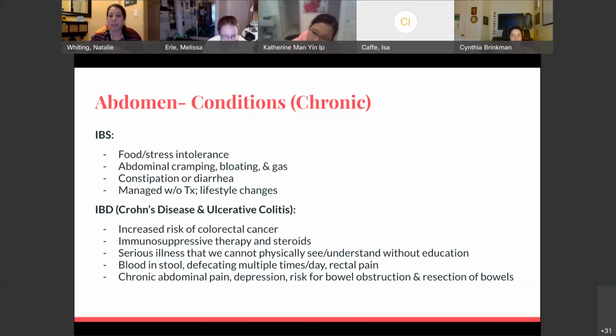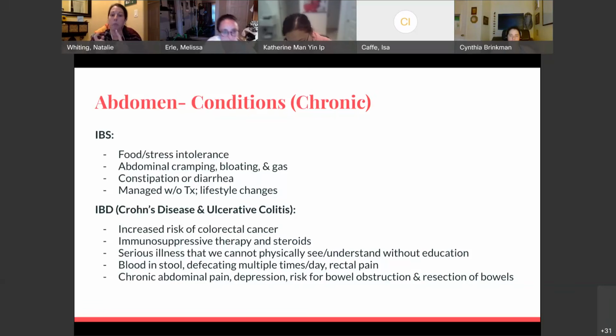It's a serious illness that we cannot physically see or understand without actually having education on it. So a lot of people will say, well, you don't look sick. You don't want to pass judgment on people who suffer from IBD because it's something that you cannot really see. So that's important to know, to just try to have some empathy for the patients.